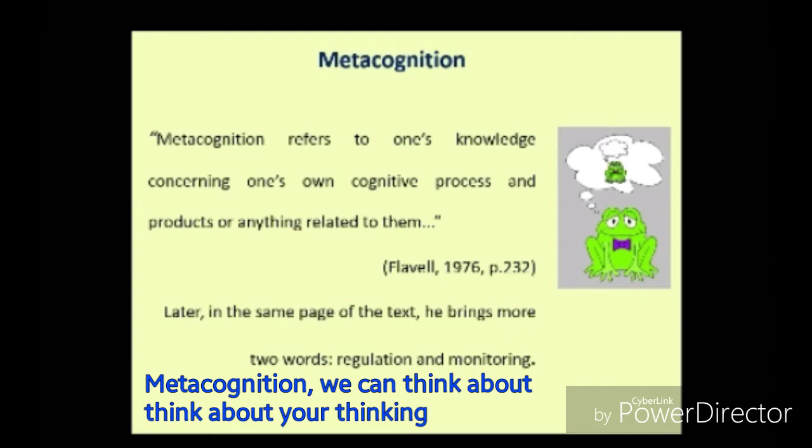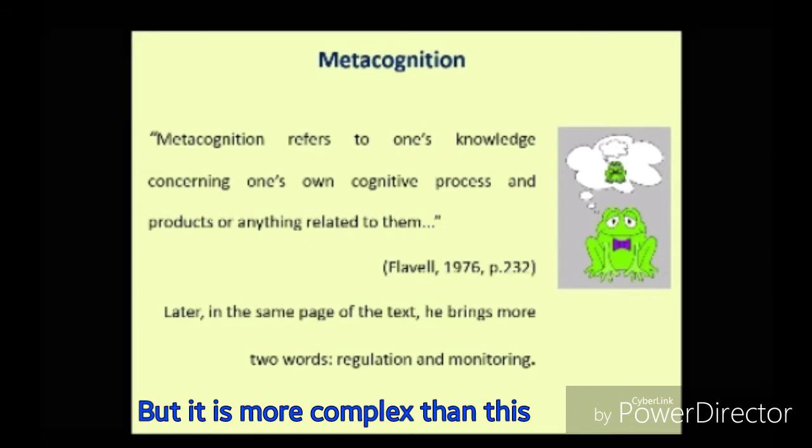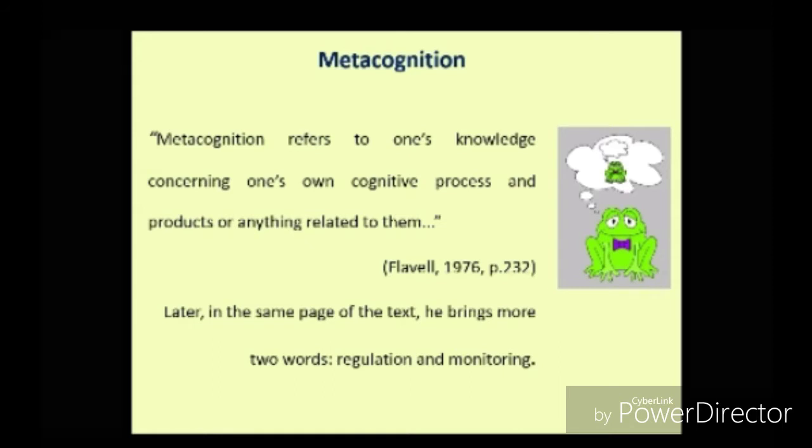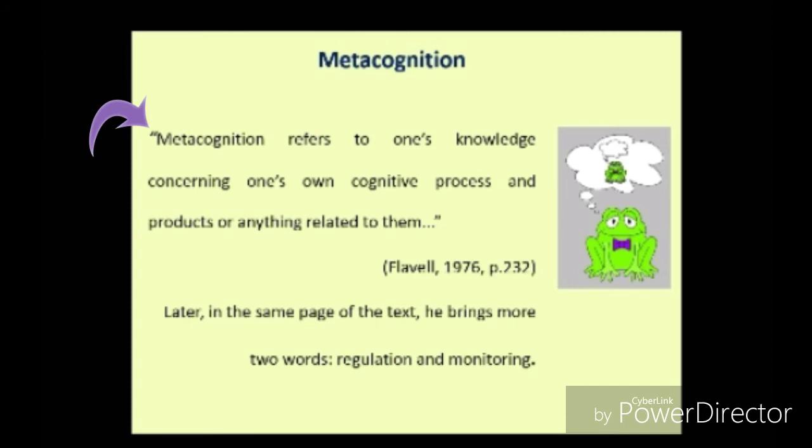Metacognition, we can think of as thinking about your thinking, but it's more complex than this. According to Flavell, metacognition refers to one's knowledge concerning one's own cognitive processes and products, or anything related to them. Later, on the same page of this text, he brings two more words, regulation and monitoring.